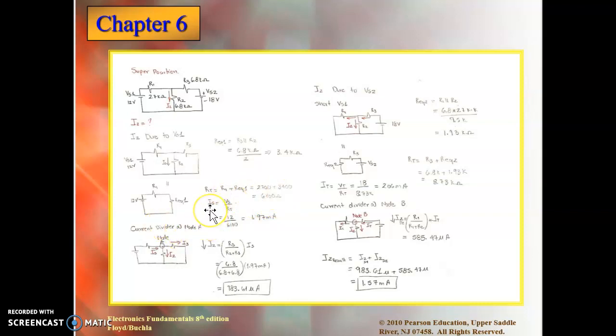Now I can find my I total, or my I source, by dividing the voltage by the current. That gives me 1.97 milliamps. Now I'm going to do a current divider at node A. I'm interested in I2, so I'm going to solve for I2 using the special two-resistor current divider formula, which is the opposite: R3 divided by the sum of the two, multiplied by the total current entering.